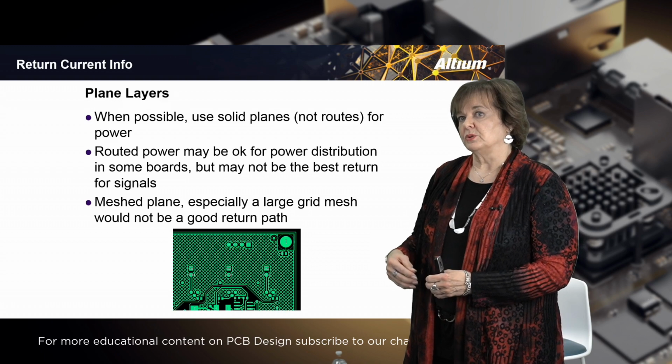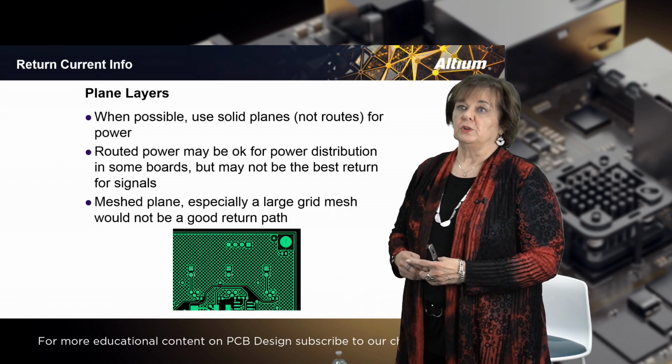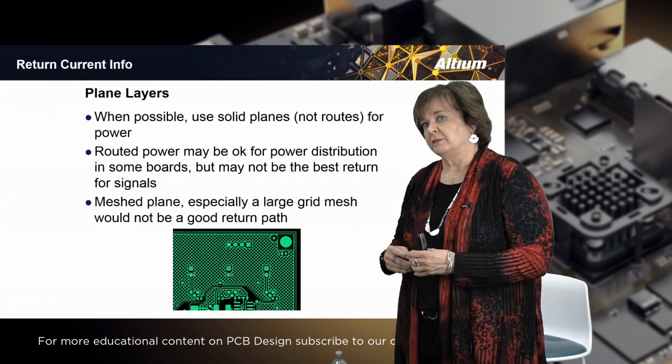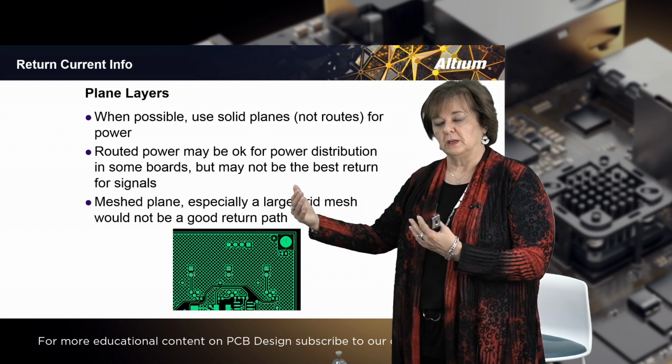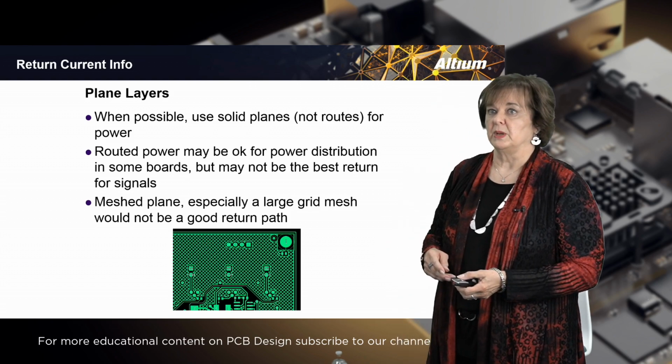So you want to be sure that you don't use meshed grid planes if you don't absolutely have to. I know there are some industries that feel they need to, but if at all possible, maybe they could have a solid area underneath the critical signals rather than the mesh area.